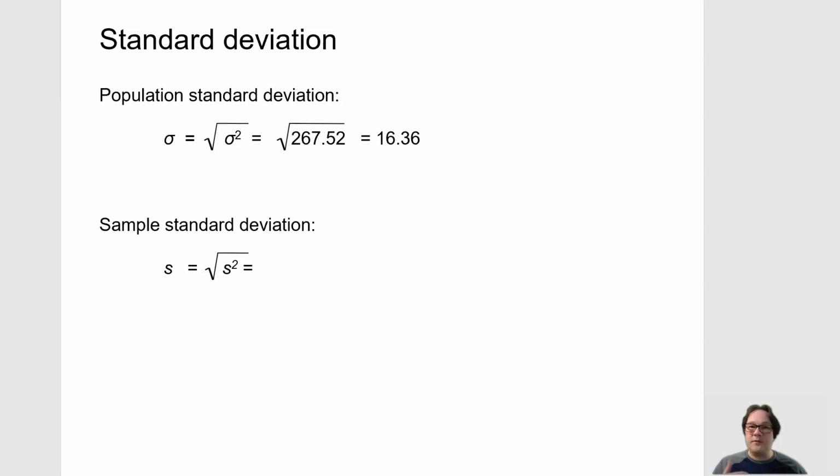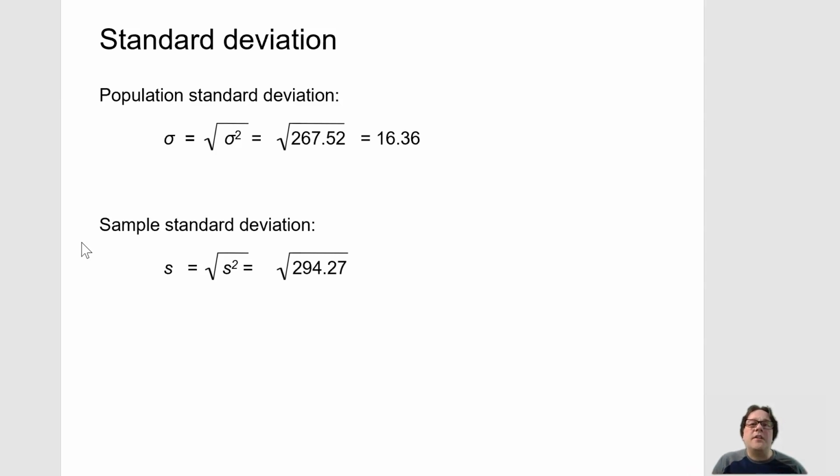What's the difference between population variance and sample variance? Population variance, we take the sum of squares and divide by n. Sample variance, we take the sum of squares and divide by n minus 1. One thing to note here is the different symbols that are used to denote population standard deviation and population variance, and sample standard deviation and sample variance.